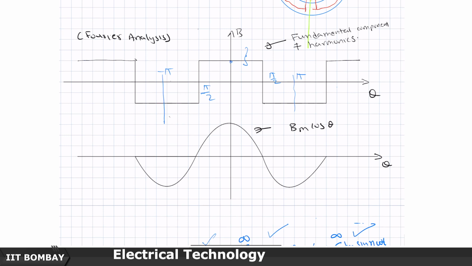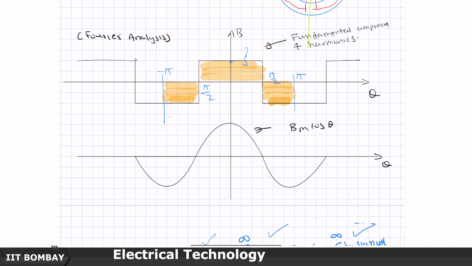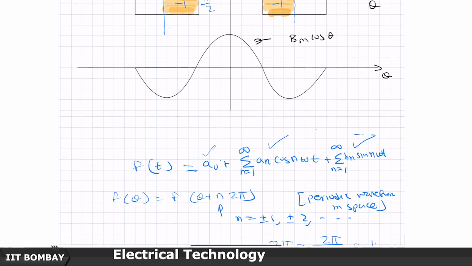Then you can see that this area here, integrated from this to this, if you call this much part as plus 1, then this will be plus 1, this will be minus 1, this will be minus 1, and so it will cancel out. So, plus a, minus a, minus a, and it will cancel out.